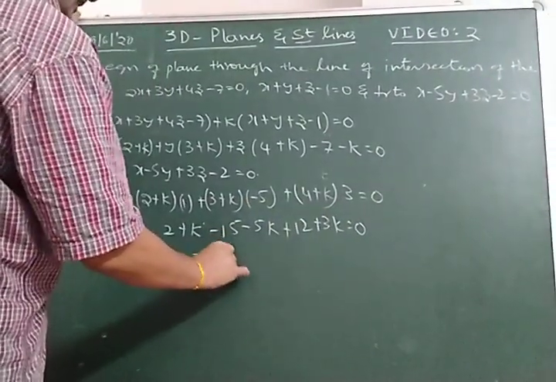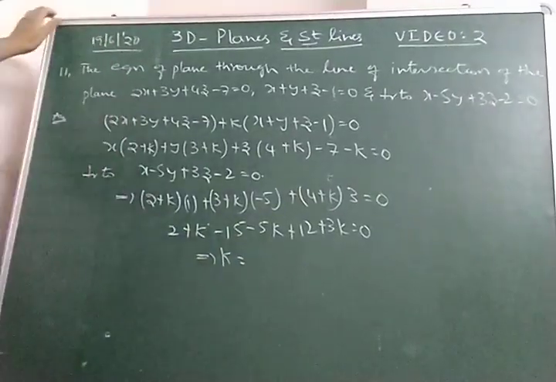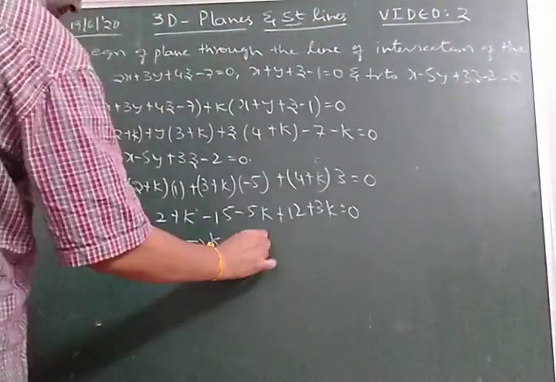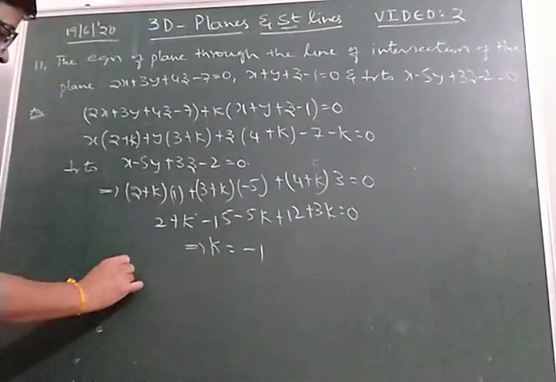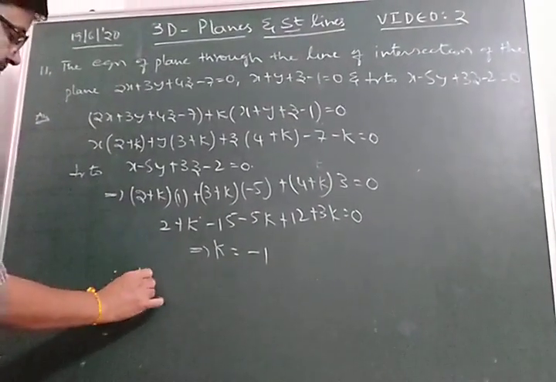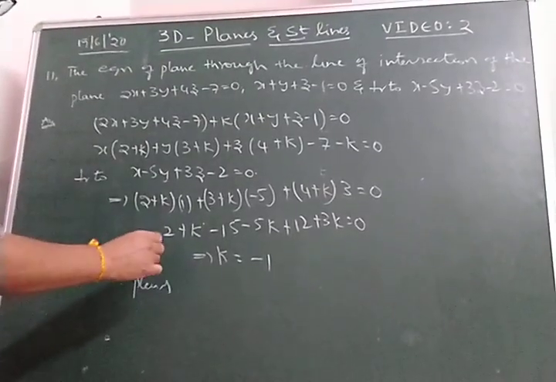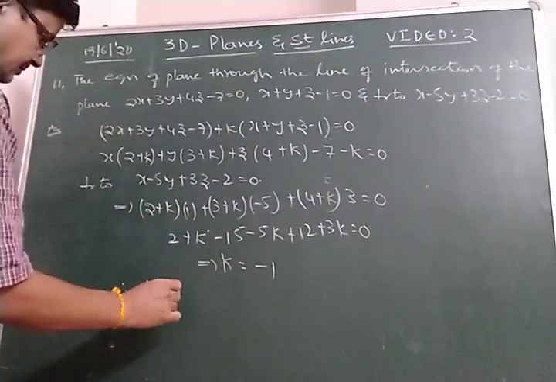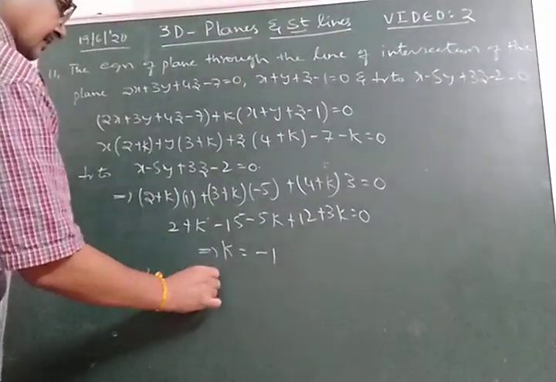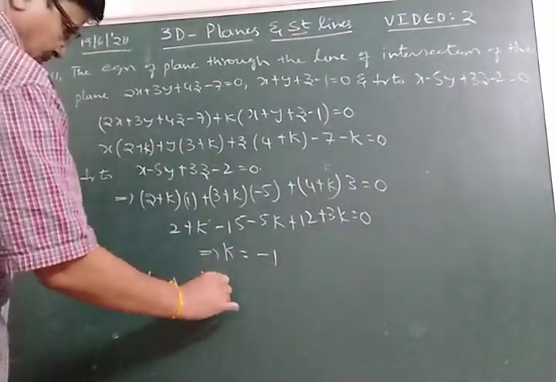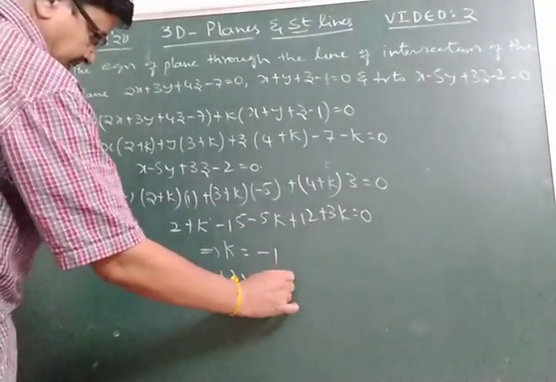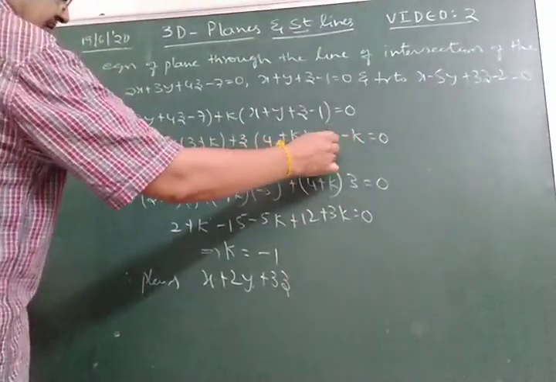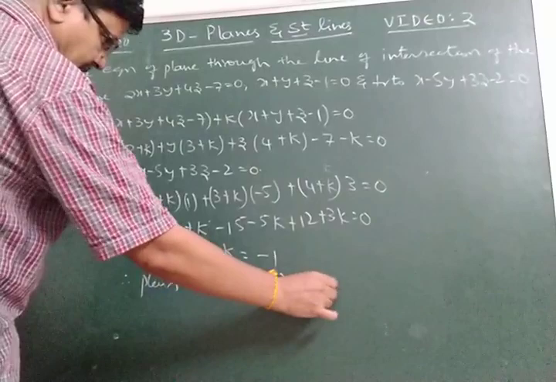So that implies k is equal to 1. Therefore the required plane is 3x plus 4y plus 5z minus 8 is equal to 0.